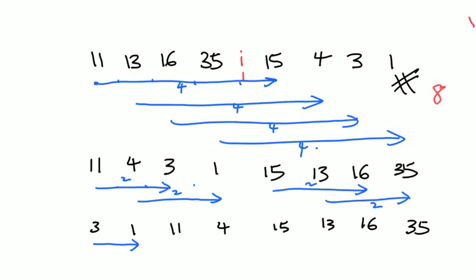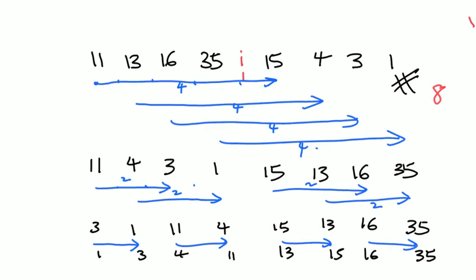This is another arrow of length 1, another arrow, another arrow. Now we do a swap based on the arrows that we have here. 1 and 3 we swap, 11 and 4 we swap, 15 and 13 we swap, 16 and 35 we maintain.